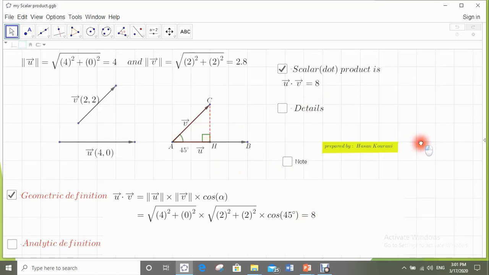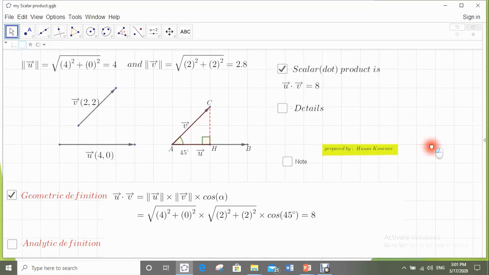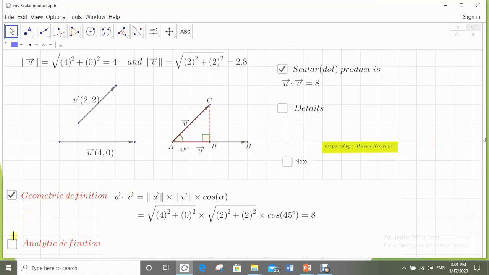Well, let's see the second definition, which is the analytic definition of these two vectors. U dot v, well, it's very simple. Let me remind you that analytic in mathematics means something related to coordinates. In the geometric definition, we don't use coordinates at all.